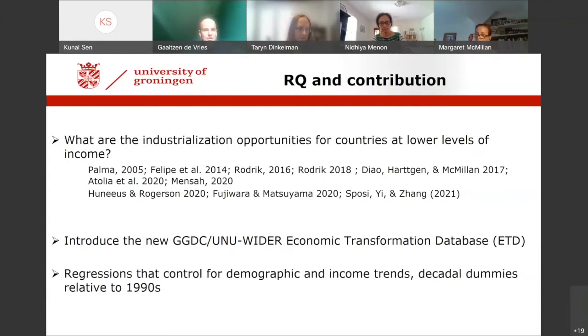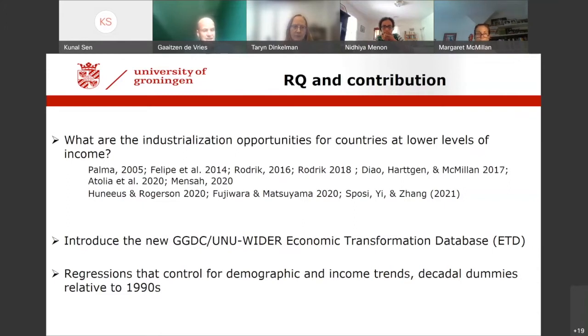I'll present several baseline regressions here that build on a long tradition in development economics, starting with the work by Hollis Chenery in the 60s, but recently popularized by Dani Rodrik in his Journal of Economic Growth paper.